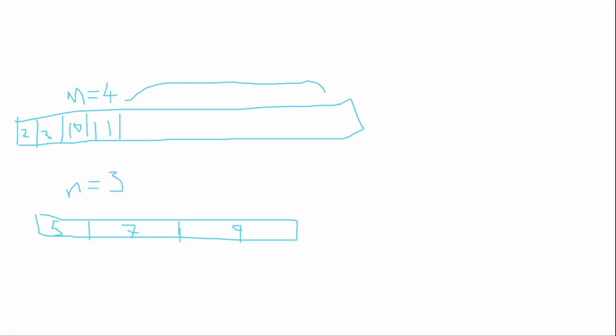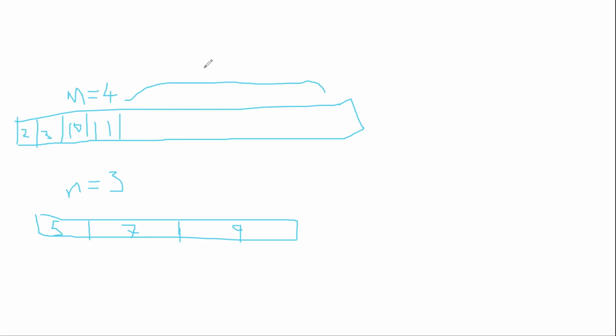Could anyone try in the chat, or you could probably unmute yourself and see how you're going to solve this. Initialize second array to the uninitialized space of the first array. You mean like take all of this and push it directly over here.